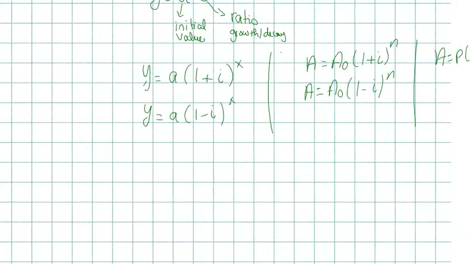Okay. So, the one with the plus i, this one right here, we use it whenever we have a growth, an exponential growth. Okay? So this one right here, we use it when we have an exponential growth.